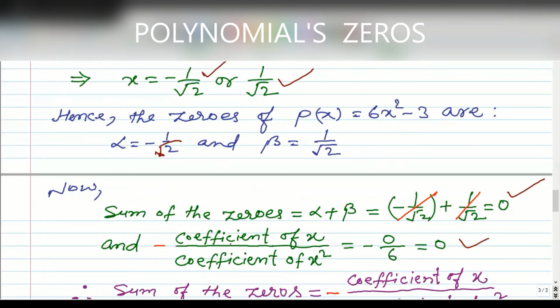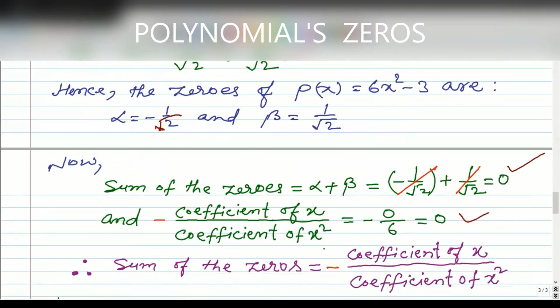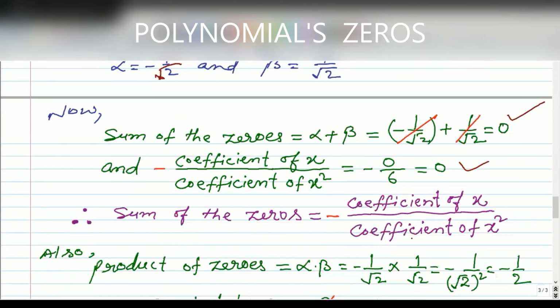So the sum of the zeros equals minus coefficient of x over coefficient of x square. It is verified. Now let's verify the product of zeros.